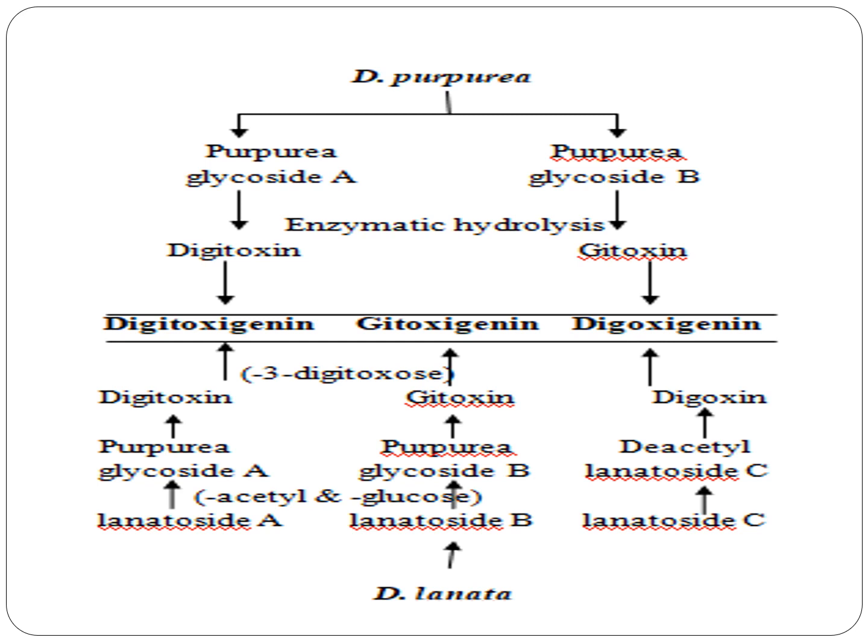Whereas in the case of Digitalis lanata, upon hydrolysis it yields lanatoside A, B and C. Upon deacetylation and leaving out the glucose molecule, it results in the formation of purpurea glycoside A, purpurea glycoside B and deacetyl lanatoside C. Upon further hydrolysis, it yields digitoxin, gitoxin and digoxin. In the next step of hydrolysis, it leaves 3 digitoxose moieties at C3. It forms digitoxigenin, gitoxigenin and digoxigenin.